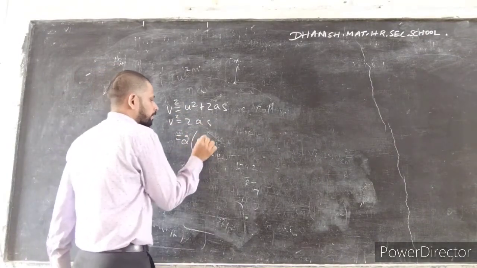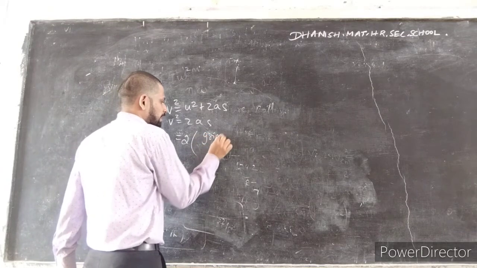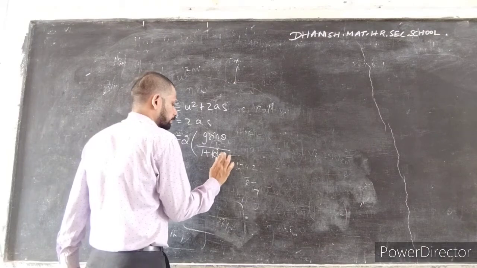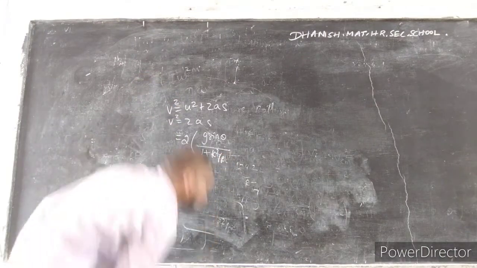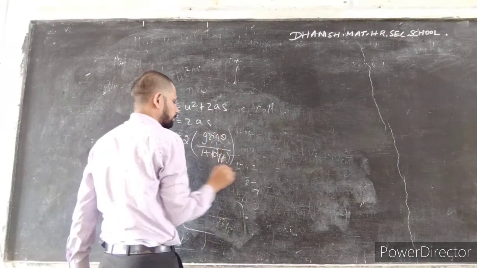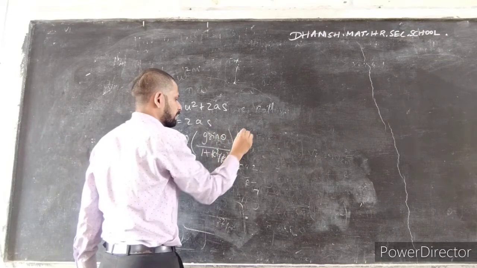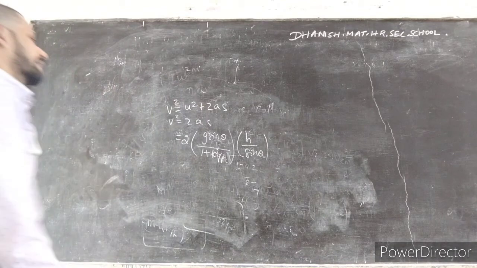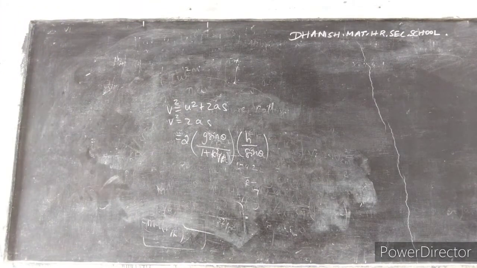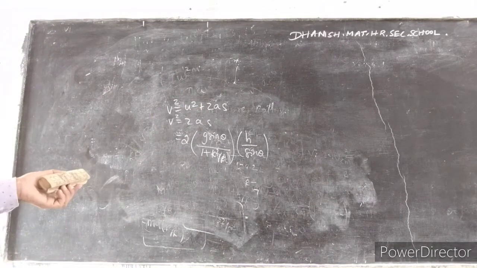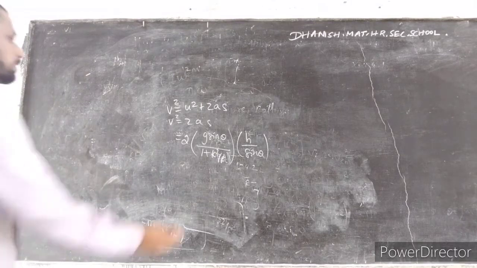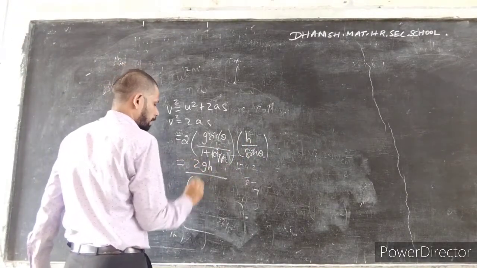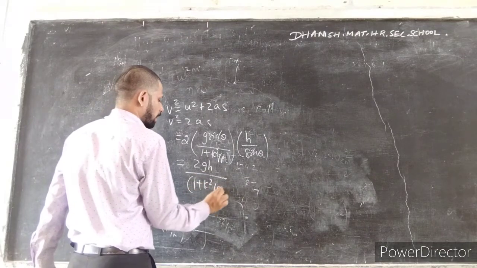v squared equals 2 into g sin theta by 1 plus k squared by r square, into h by sin theta. When you do that, sin theta will cancel out. So v squared becomes 2gh by 1 plus k squared by r square.